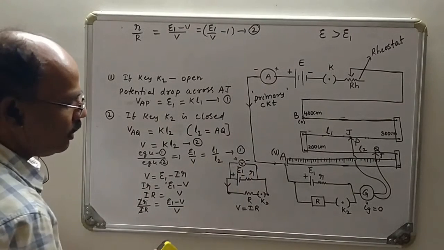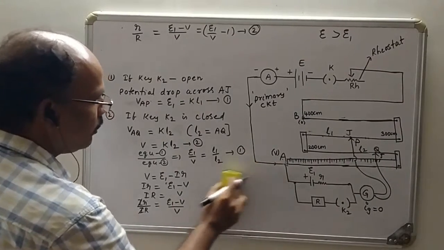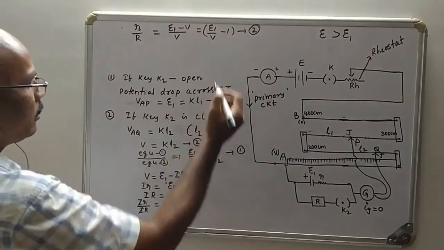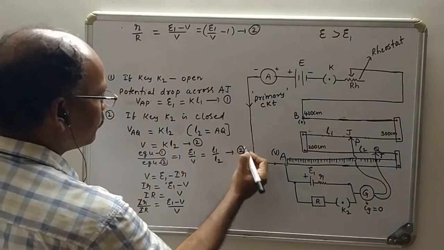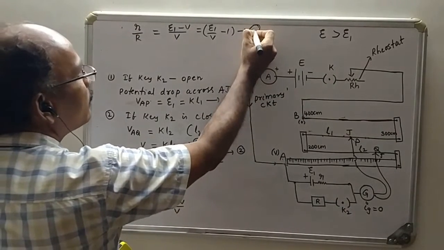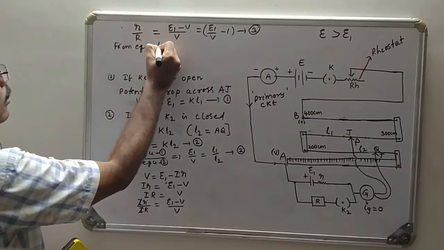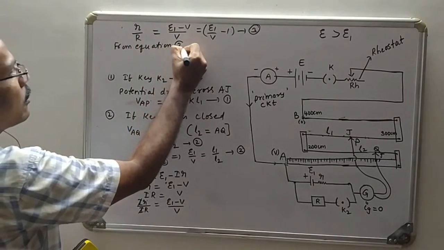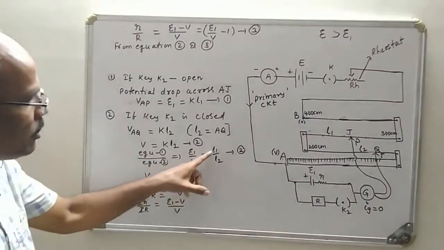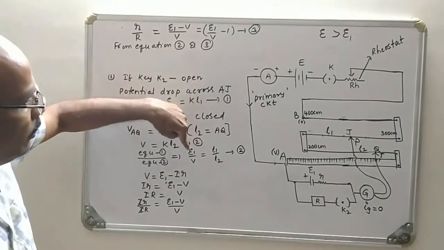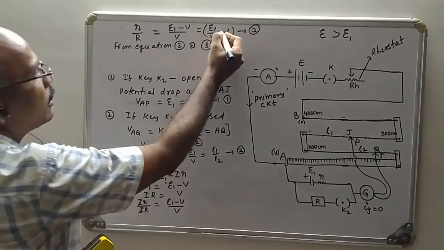So this is equation 1, and this is taken as equation 3. So from equation 2 and 3, observing that E1 by V is equal to L1 by L2, substitute the value of E1 by V as L1 by L2 in this equation.